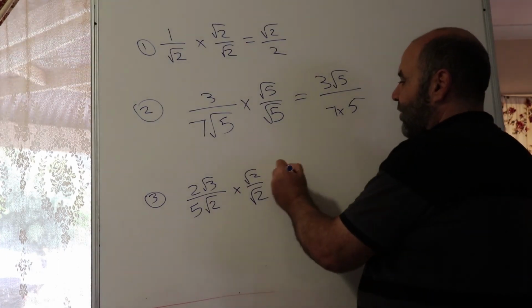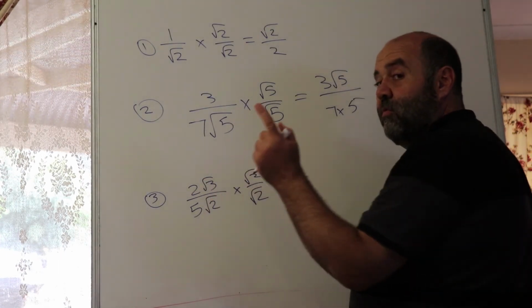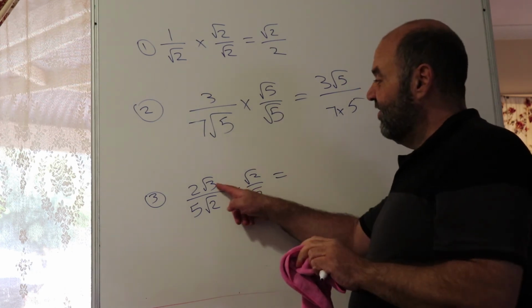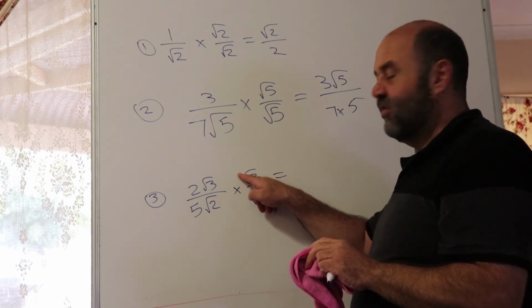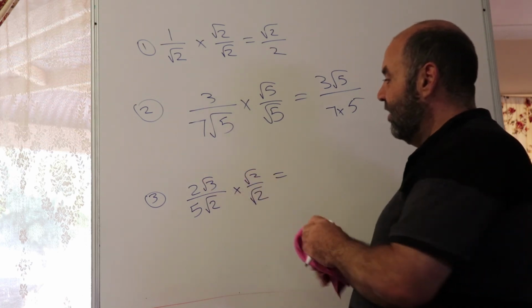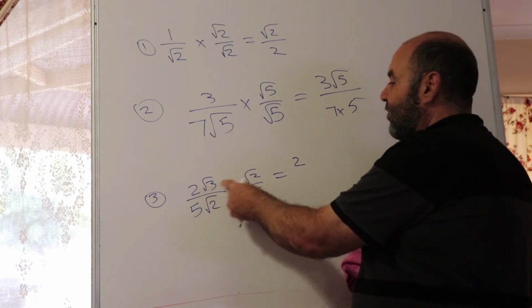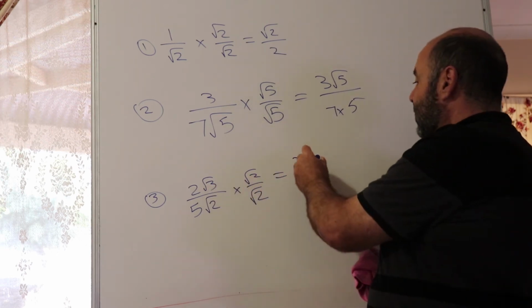So on the top, remember when we're multiplying surds, the surd part gets multiplied together. So 2 gets multiplied by the 1 in front of there. So 2 times 1 is 2. Root 3 times root 2 is root 6.